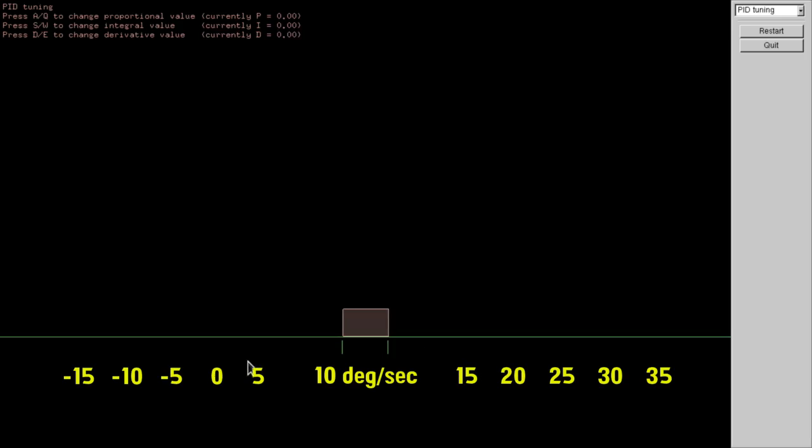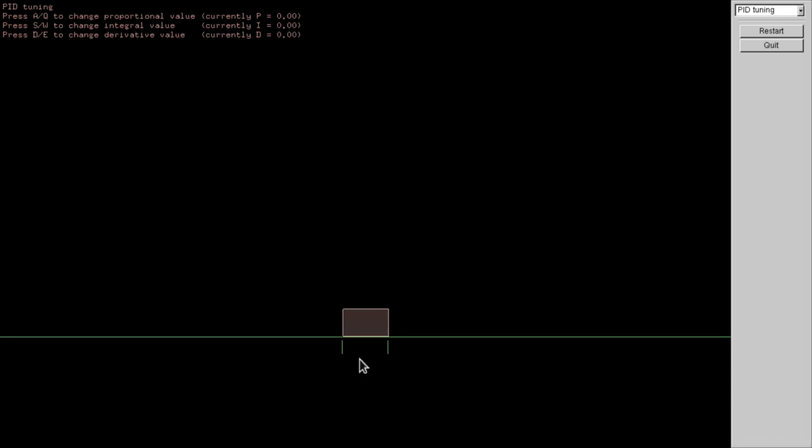And over this side would be less than 10 degrees per second. The distance that it is away from this target value, whatever the target value is, we call that the error. So this is a small error. This would be a larger error. So that's what these markers here mean.